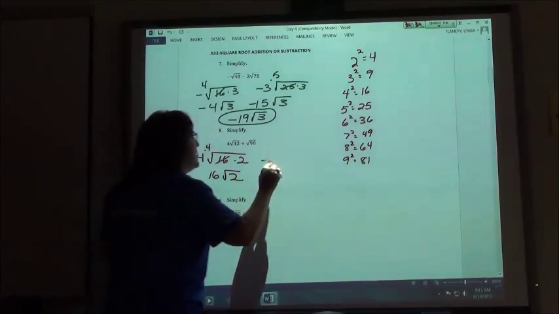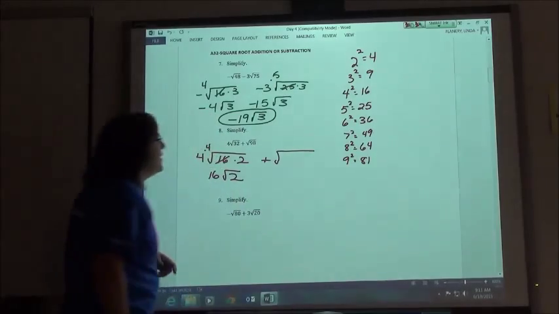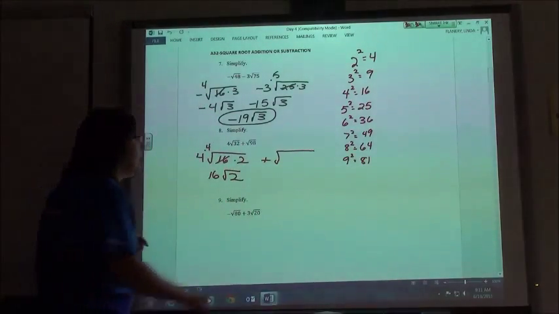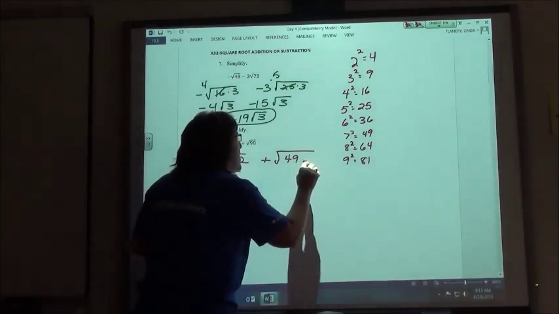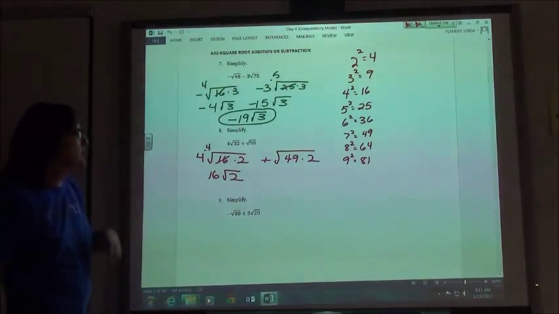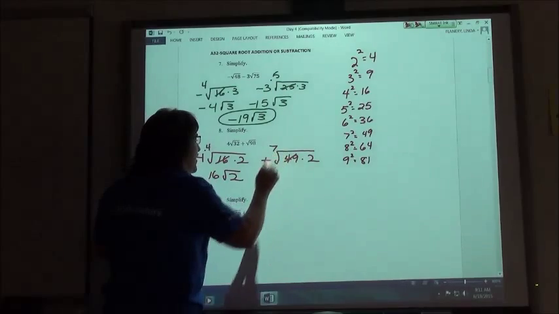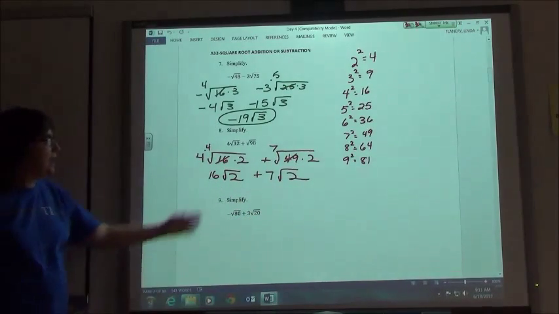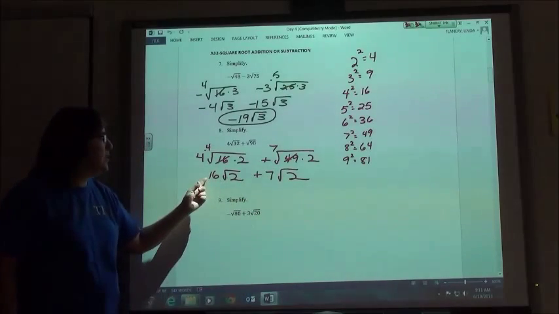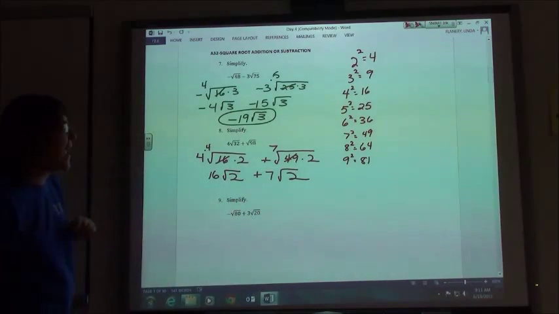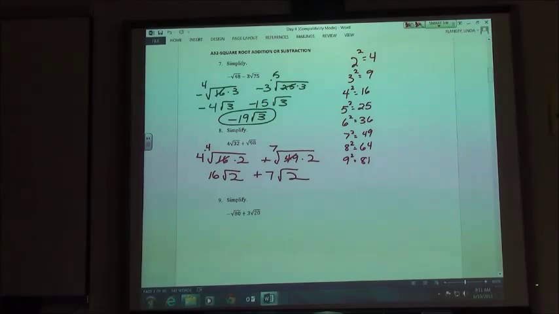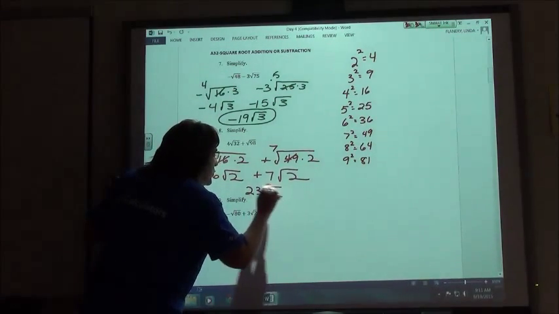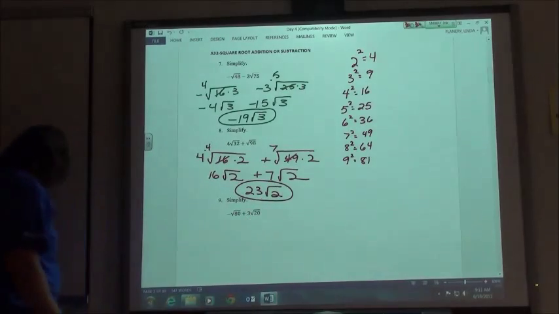Then I have plus the square root of 98. 98. 49 goes into 98 2 times. 49 times 2. The square root of 49 is 7, so I get plus 7 square root of 2. So again, these are like terms. I'm just going to add or subtract, in this case, add my front numbers. So 16 plus 7 would give me 23 square root of 2 for my answer.